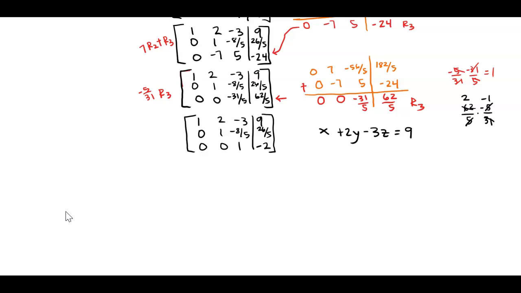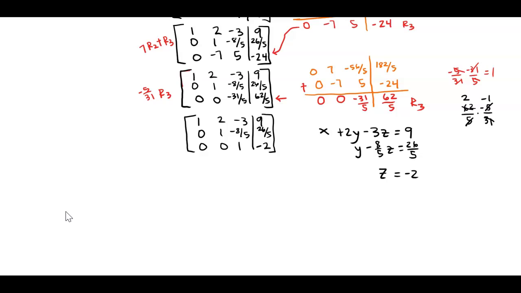Right, I'm just changing it back to equation form. And then the next row, I don't have an x anymore, so I have 1y minus 8/5 z equals 26/5. And then I have z equals negative 2.